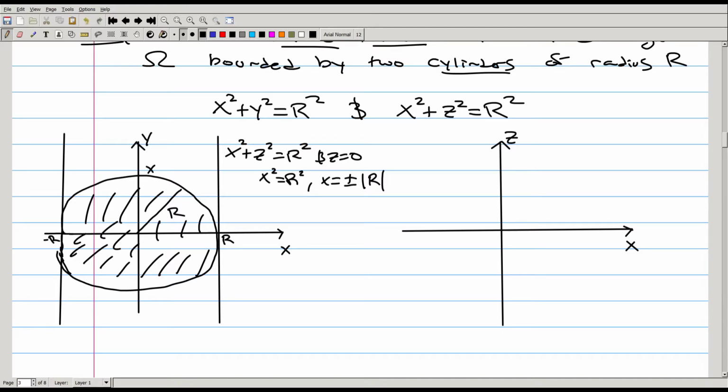Because this curve right here, remember, is x squared plus y squared is equal to r squared. And in the zx plane now, you have the cylinder that's going along the y-axis, x squared plus z squared equals r squared.